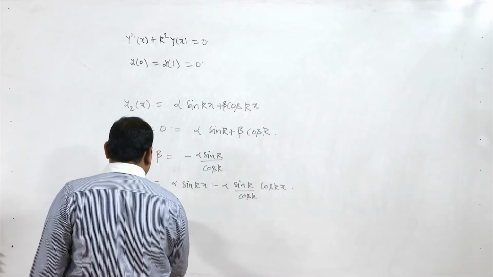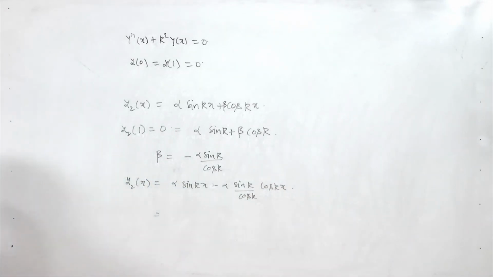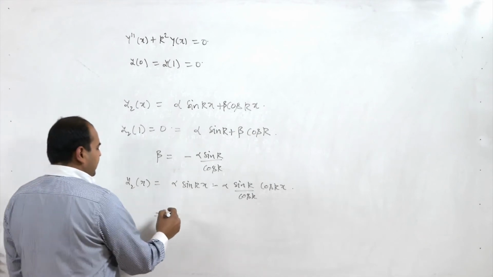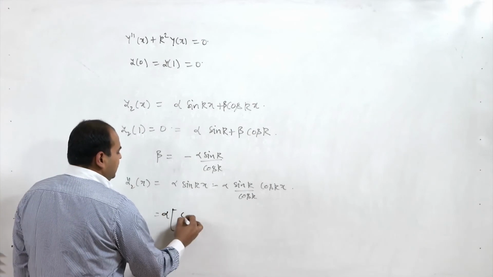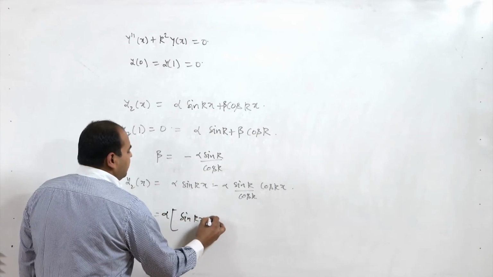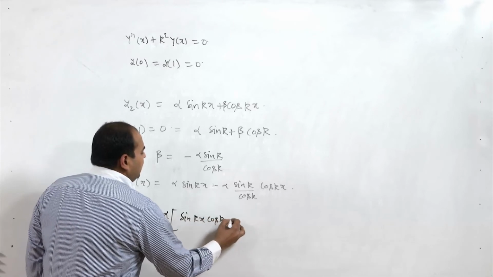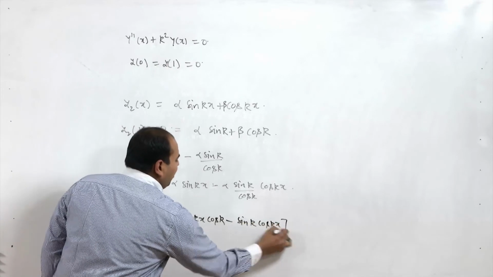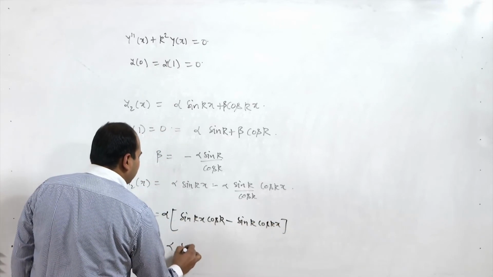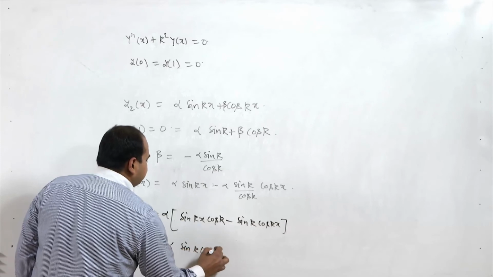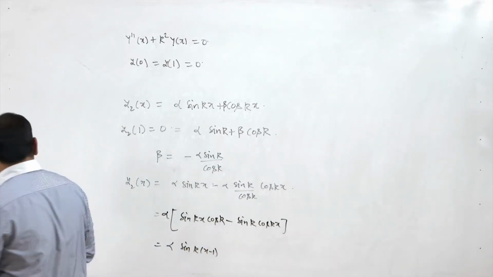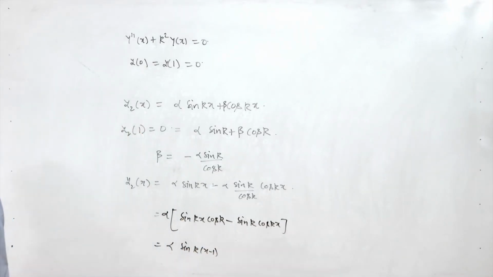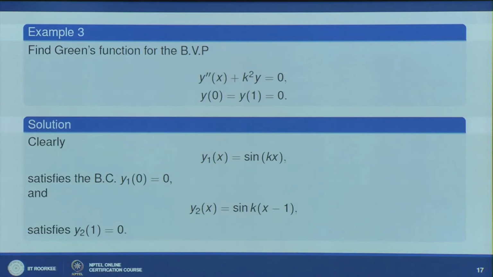If you simplify, you get alpha times sin(kx)cos(k) minus sin(k)cos(kx), which you can write as alpha sin(k(x - 1)). So that is what I am using. You may start with this, or you can directly write y2(x) as sin(k(x - 1)). Both ways are correct, you can use anything.